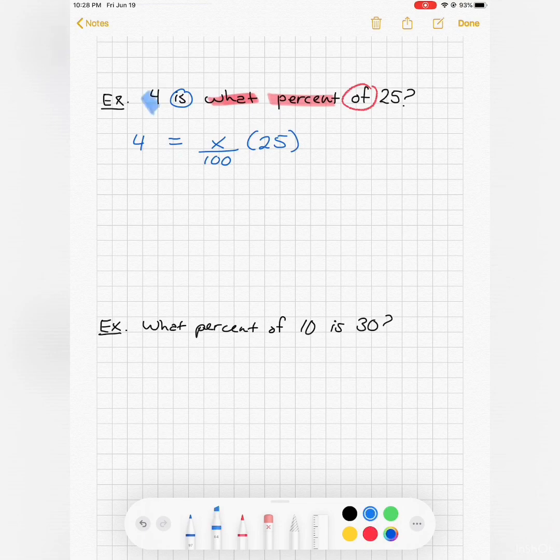So 4 is, that's 4 equals what? x percent, part out of 100, of times 25. Okay, now I have to solve for the variable, which is x.